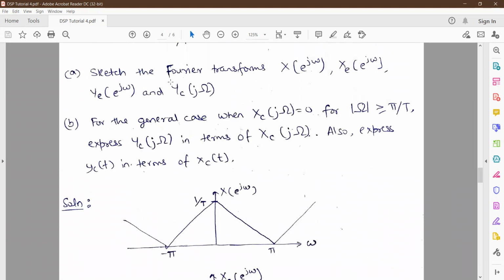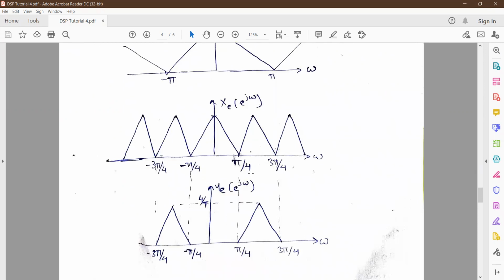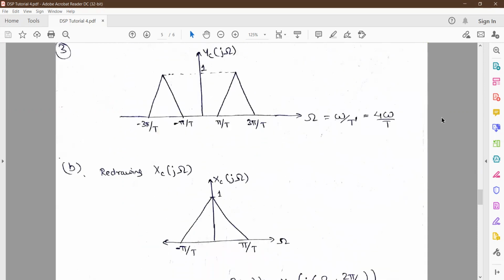Finally, we have to plot the spectrum of y_c, which is the reconstructed output. Once we have got Y_e, Y_c(jΩ) is nothing but sampling of y_e with a time period of T', where T' is T by 4. So again, the amplitude will be scaled by a factor of 1 by T'.